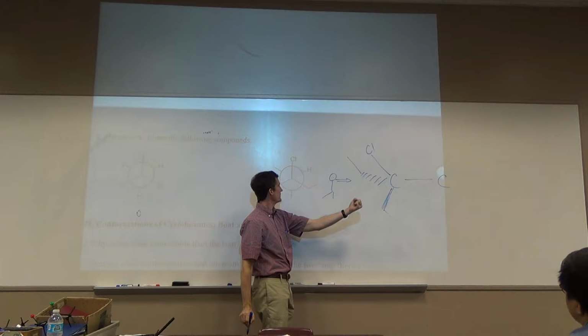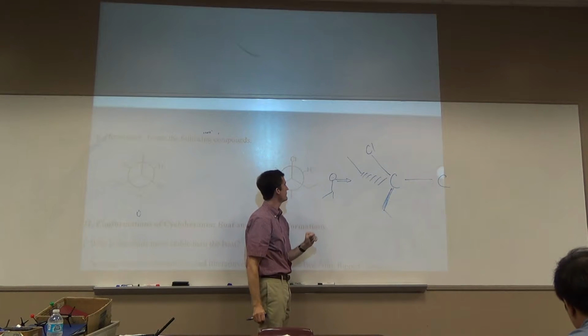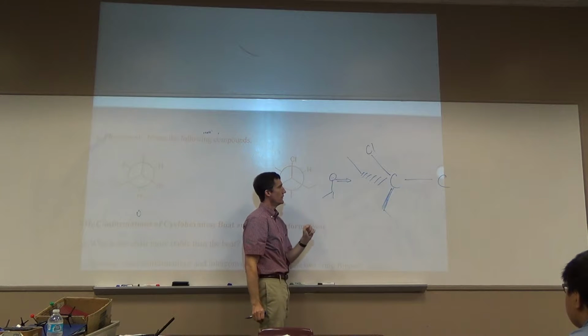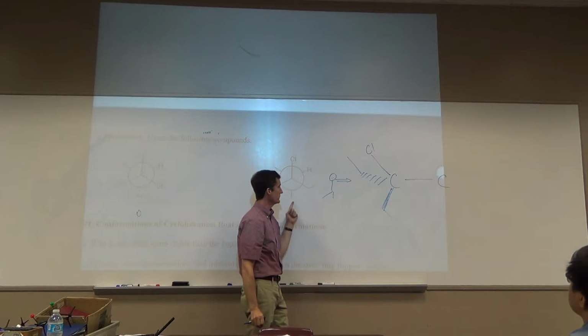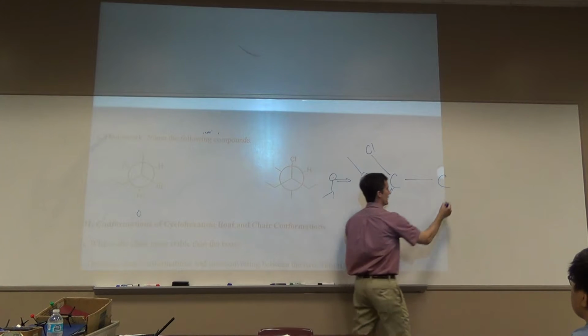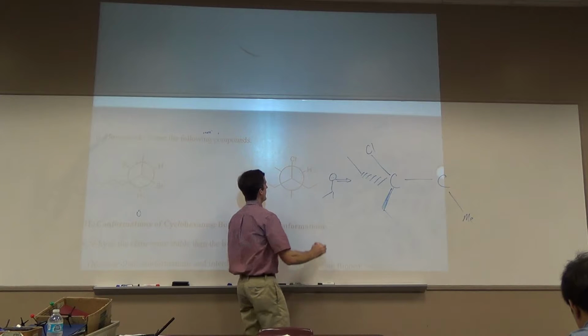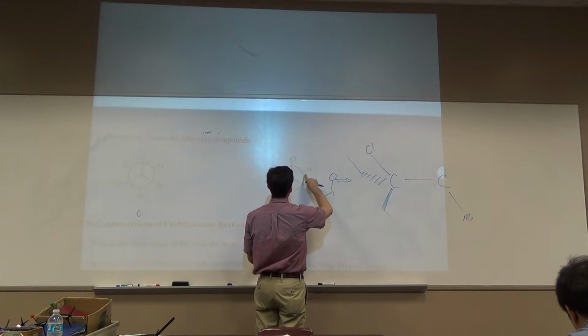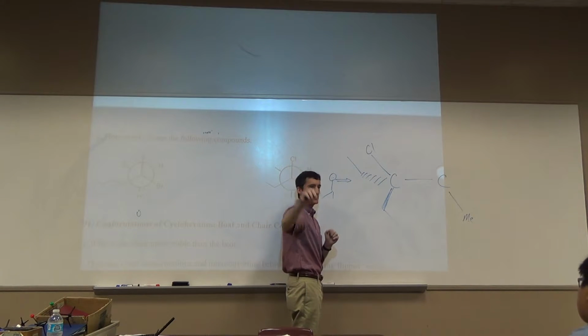Okay, look at the back carbon. Back carbon has 2 methyls and an H. If I want to draw this correctly, there's something going straight down on that back carbon. What's going straight down? Methyl. The H is going to the right, so the right would be what?